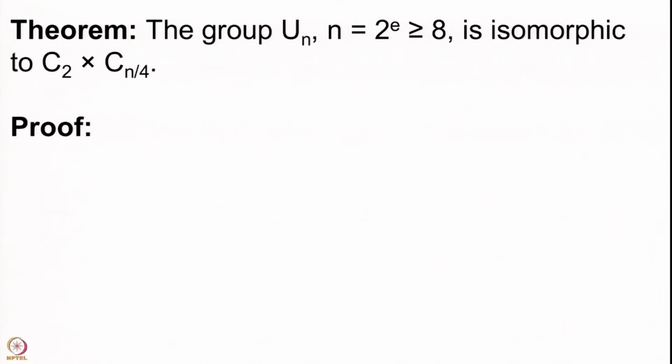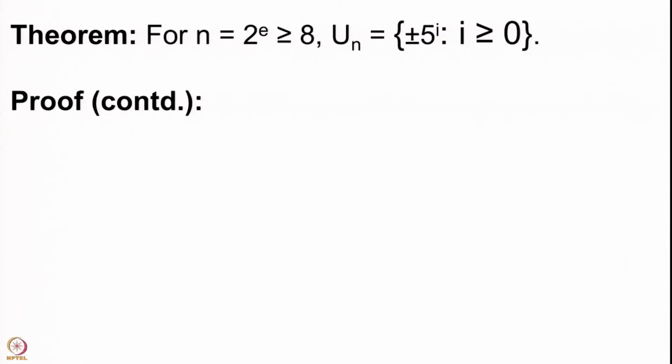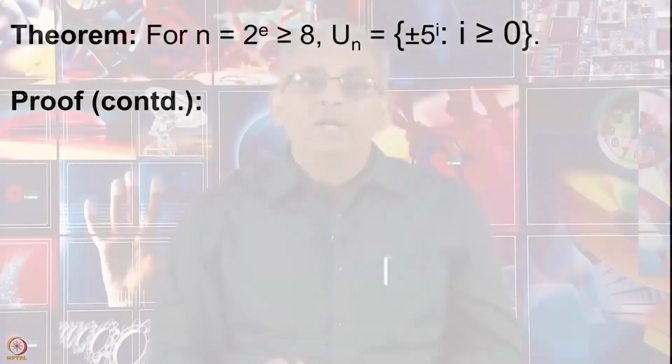So, our next result is when we look at the group U_N. This is isomorphic to C2 cross C n by 4. I have already told you that we are going to prove this result, but we are going to prove something more general. So, what we are going to prove is the following thing.